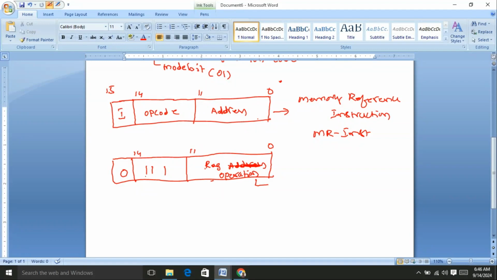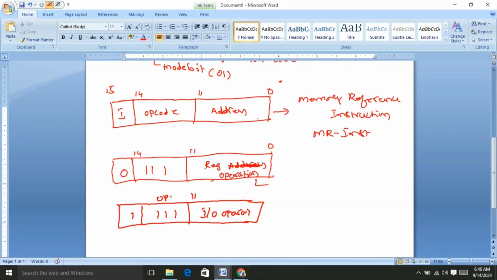The final instruction format is used when sometimes we fetch the data and instructions directly from the input device. Here, this is the IO operation: up to the 11th bit, that means 12 bits, the input output operation, what kind of operation is to be performed, and the remaining bits, including the mode bit and the 3 opcode bits, are all ones.